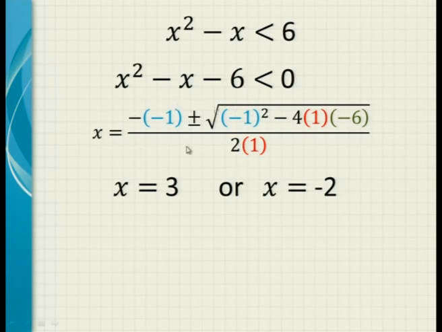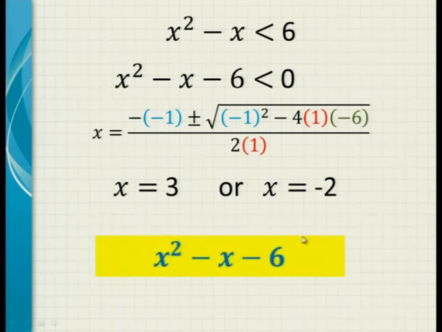What we've solved here is which values of x will actually make this thing equal to 0. And it's important that you understand that. We are looking at the value of this yellow box. We want to know what's the value of this yellow box for different values of x.